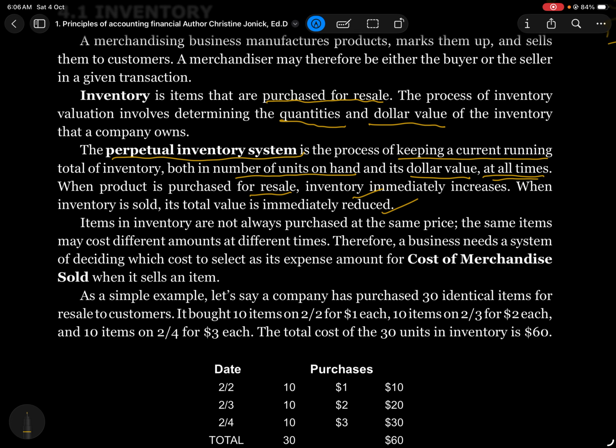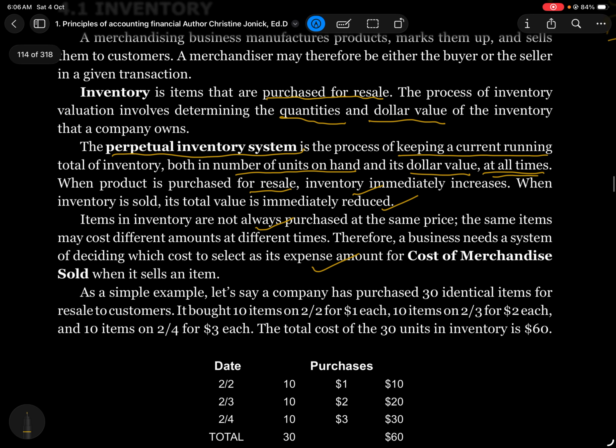We know that inventory is not always purchased at the same price, so the cost associated with it could be different. How much to expense out for the merchandise sold would require using a method.